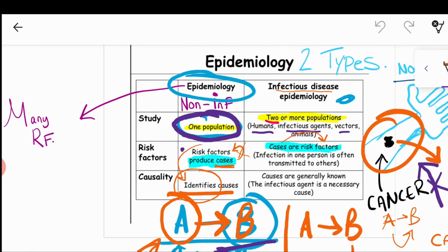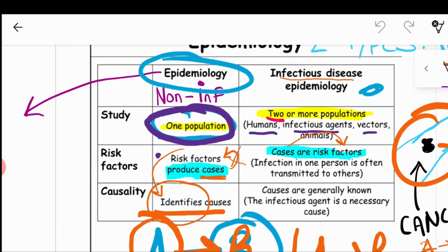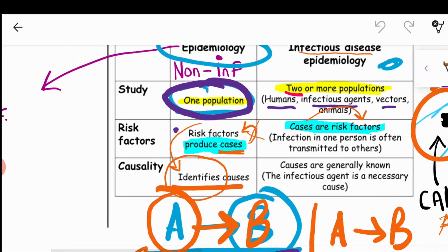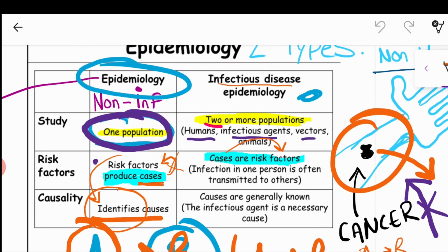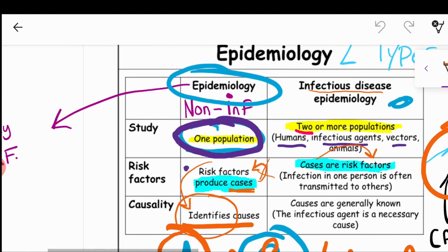And now with the first type, these guys focus on one population. The reason being is there isn't a population to pass a disease on to another, which would be infectious disease epidemiology. However, here we only focus on one population.